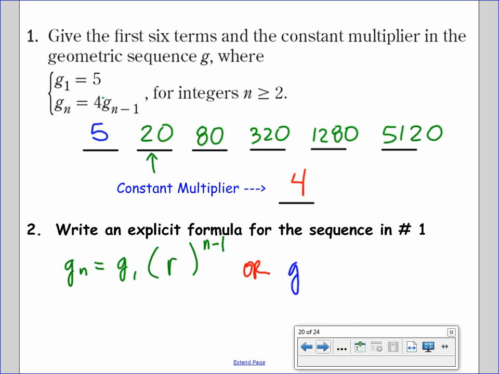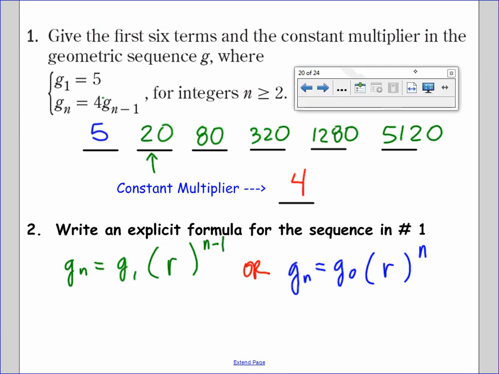Or we could say that g sub n is given by g sub 0, the ghost term, right, that's gained by going backwards once, times r to the n. Either way is fine. In this case, perhaps this n minus 1 formula is easier for geometric sequences. G sub n would be given by my first term, that's 5, times my constant multiplier, 4 to the n minus 1.